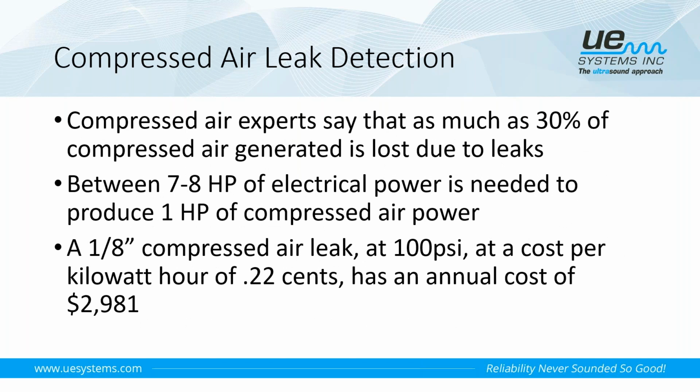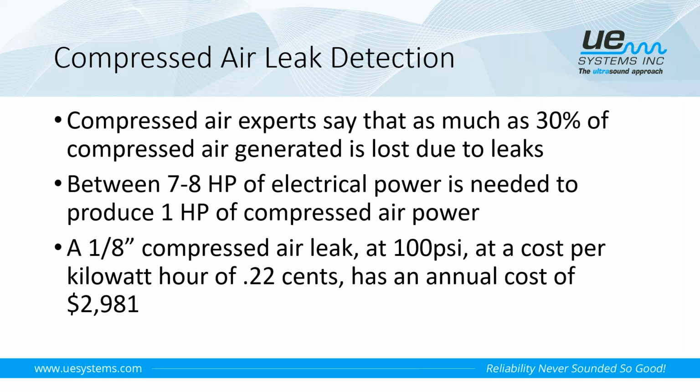All right, so another number that you can hear industry experts tell you, and I've heard this from many of the compressor companies out there, is that as much as 30% of the compressed air generated is lost due to leaks. So we know at a minimum we can gain back or realize as much as 30% of the compressed air just by simply locating and then repairing those compressed air leaks.